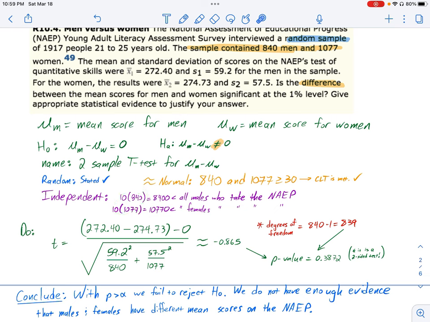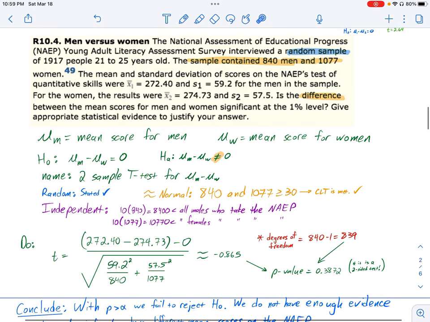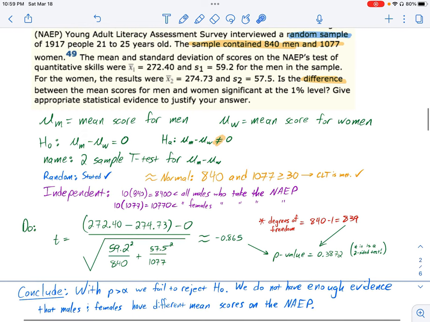But our population is people 21 to 25 years old, so that's way less than that. It's all the males and all the females who take this test, or maybe more generally, all the people in this age category.